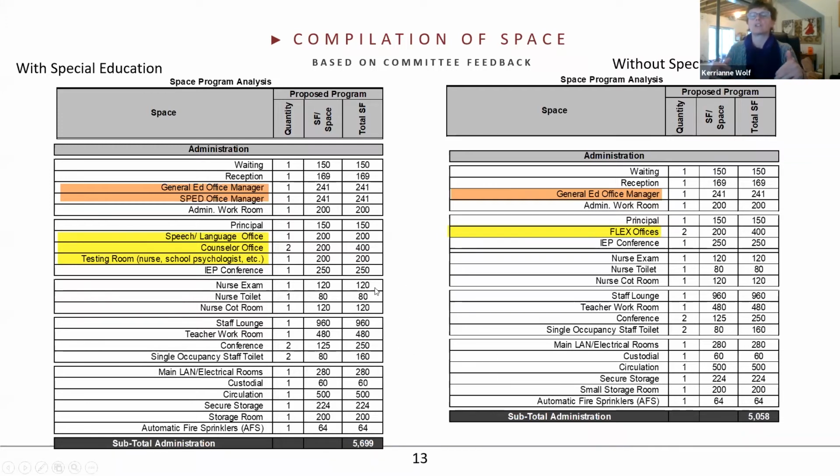And then a staff lounge. Are the words lounge okay with you? A lot of times in districts around the country, I'm getting rid of the word lounge. I know when I was a teacher, I never lounged at school, but is there another word that feels better for you all? Or are you okay with that word? Is it just my thing? Does it matter?